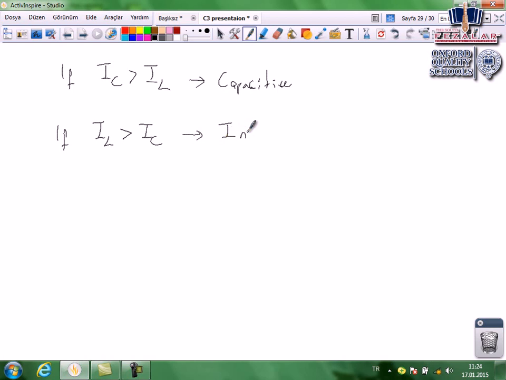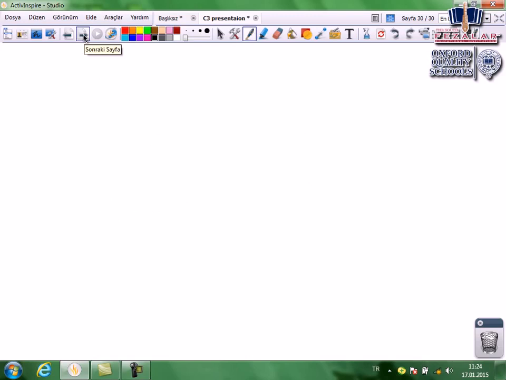At this time the circuit is inductive. If IL equals IC, the circuit is resistive. Please do not confuse series combination of RLC and parallel combination of it when writing the property of the circuit. Just consider the phasor diagram.